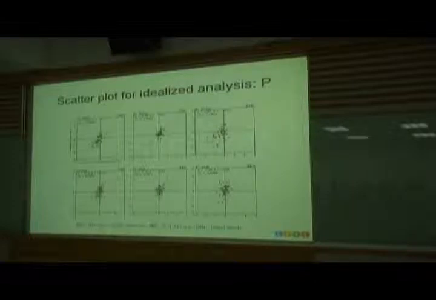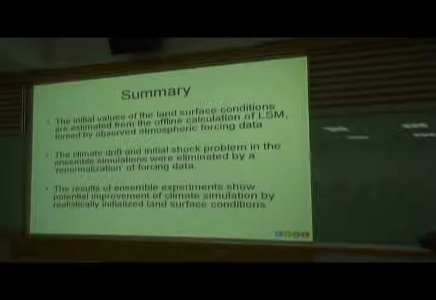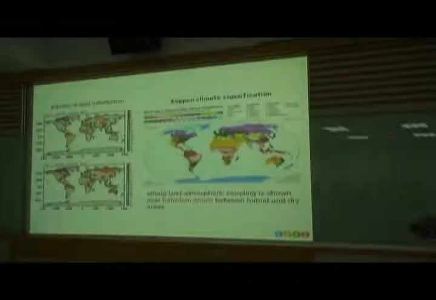But from what you have obtained, you suggest that if we include better land data initialization, we may improve the 1 month prediction in that region. Actually, I think this is a very dry region, including Tibet. And I think that soil moisture is not so effective in this region.